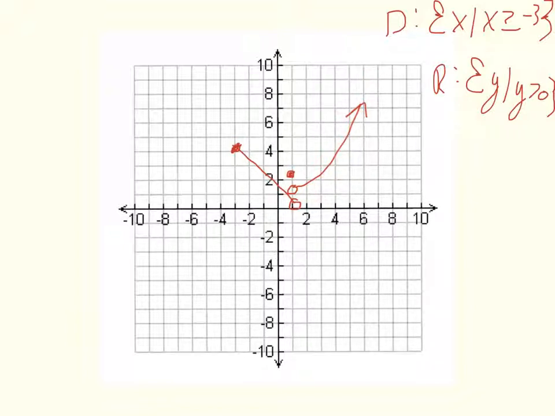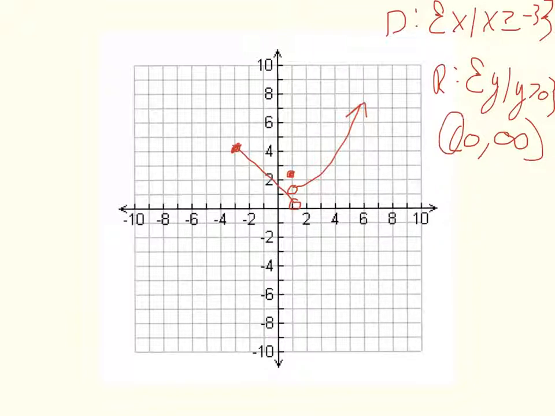So you can either say y such that y is greater than 0, or you could say 0 comma infinity. That is also an acceptable notation. Infinity meaning it goes on forever in the y direction, and 0 is the lowest value.